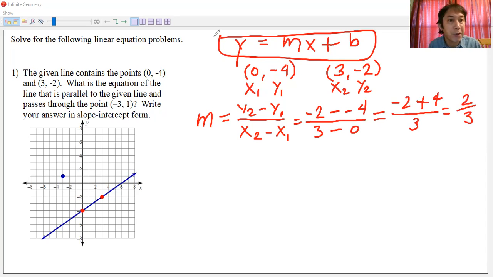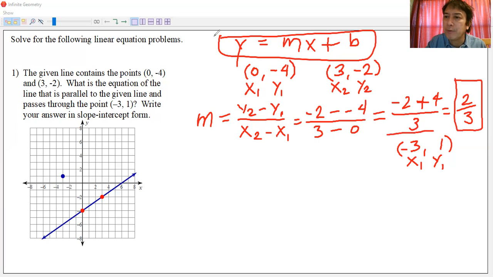We can now use the point (-3, 1). Let's consider this (-3, 1) as our point 1, our x1 and y1, so that we can use it in the point-slope form equation because we have a slope now and we have the point.